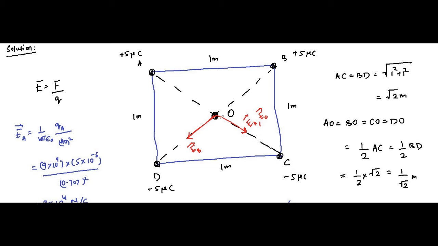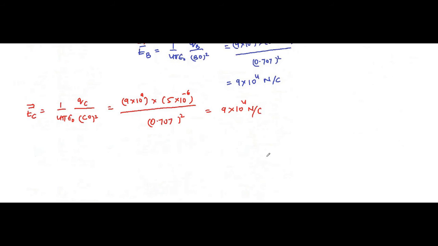This is a negative charge, we have assumed a unit positive test charge at O, unit positive 1 coulomb. So there would be a force of attraction between the two, and the electric field will be directed in this direction. Similarly, the minus 5 microcoulomb charge placed at D will also give the same magnitude, 1 by 4 pi epsilon 0 QD by DO whole square.